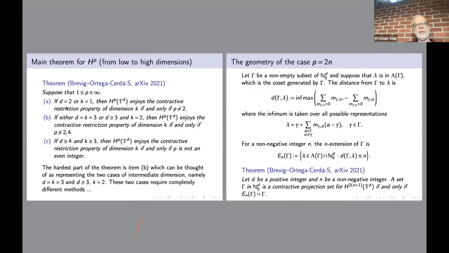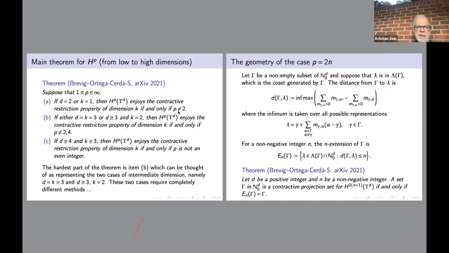Let me try to read it slowly for you. There are 3 parts. Part A, you should think of as low dimension. Part B is intermediate dimension, and part C is high dimension. When you are in low dimension, meaning precisely when k is 1, then Hp enjoys the contractive restriction property of dimension k if and only if p is different from 2.